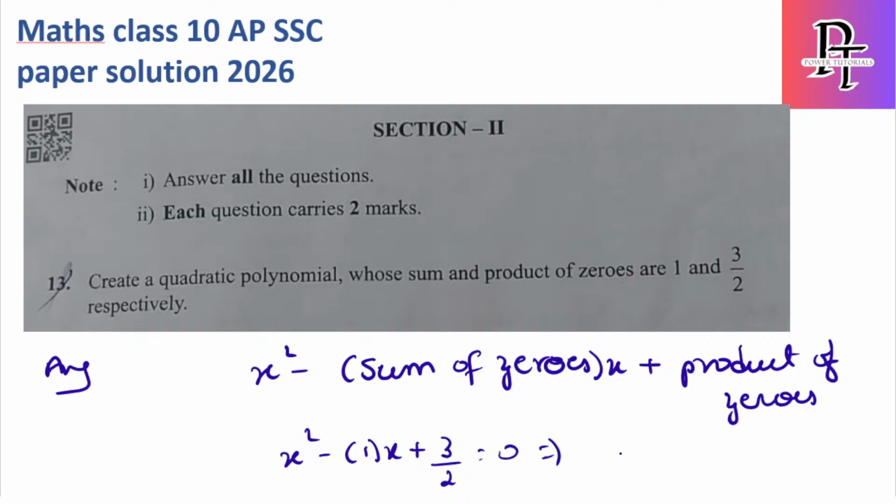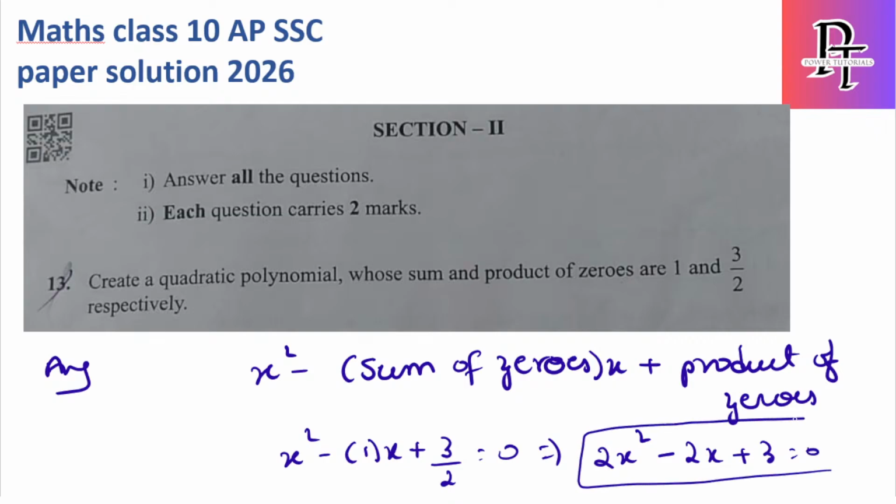If I multiply the whole equation by 2, this equation becomes 2x square minus 2x plus 3 is equal to 0, which is the polynomial. Hope the solution is clear.